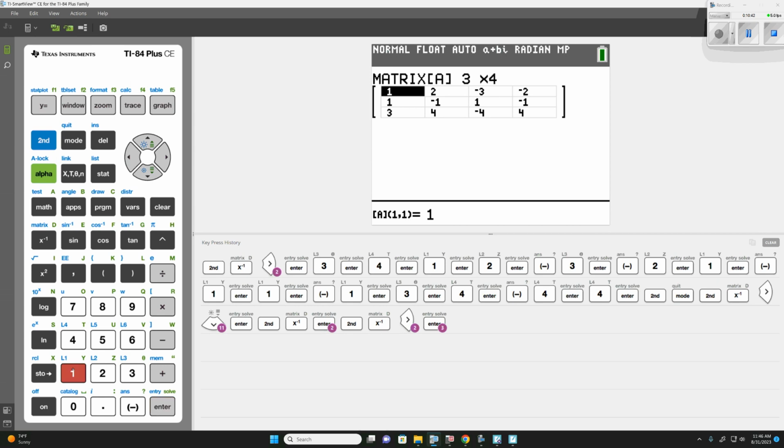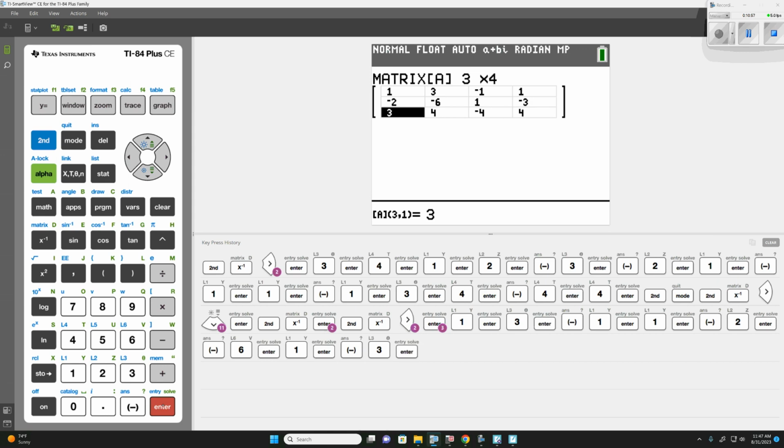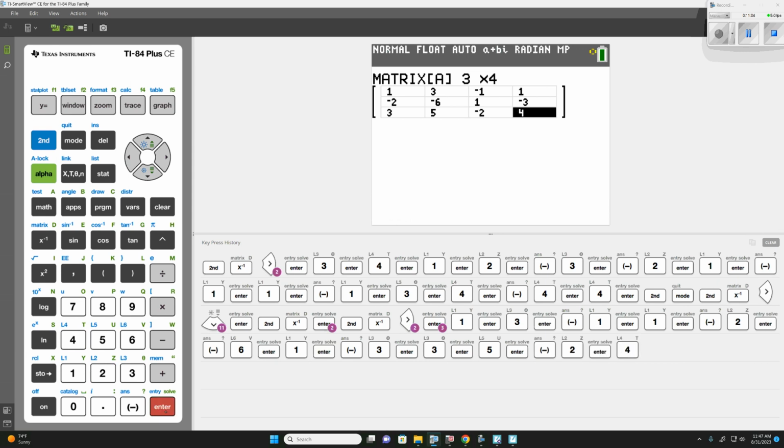Going across the top, we had 1, 3, -1, 1. Then -2, -6, 1, -3. Then 3, 5, -2, 4. Go on, do the next step if you know it.